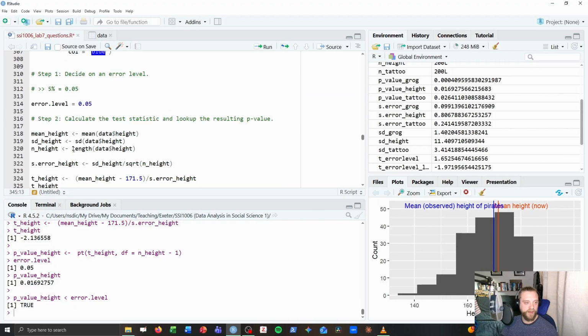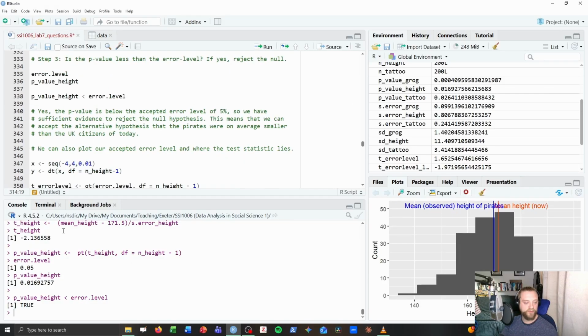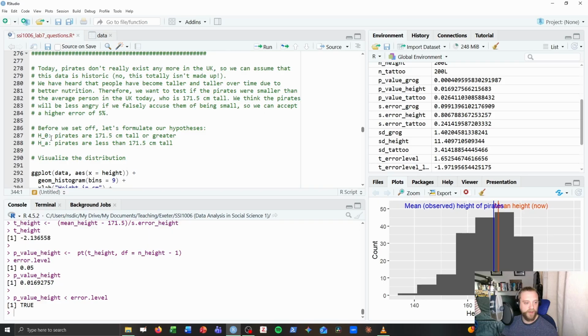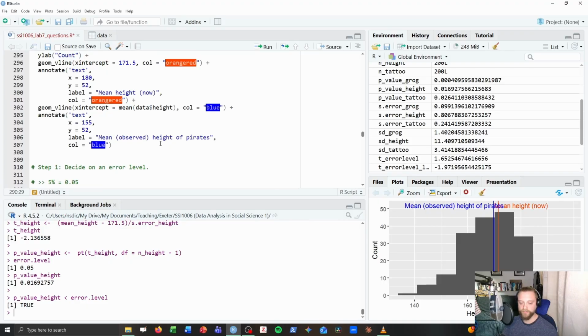Is it significant at the 0.05 level? Well, 0.01 is less than 0.05, so yes, it is. So we reject our null hypothesis that pirates are 171.5 or greater. In fact, the pirates are, on average, less than 171.5 centimeters tall.